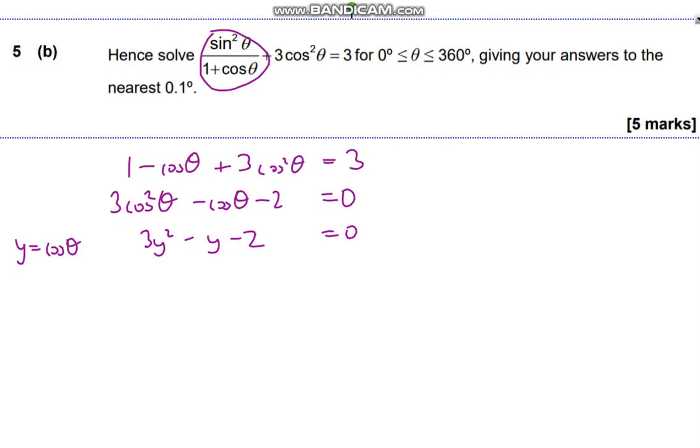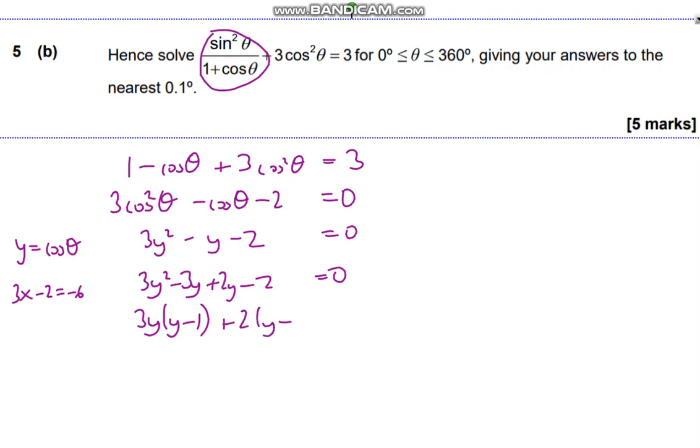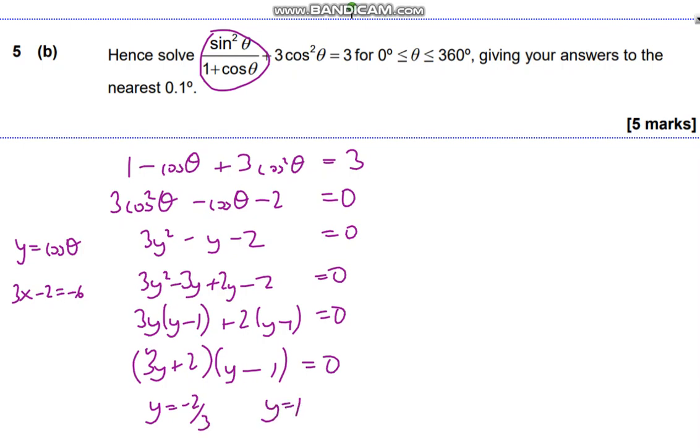If we factorise it, we know that 3 times minus 2 makes minus 6, and so we're going to turn this into 3y squared minus 3y plus 2y minus 2 is equal to 0, and so it's 3y(y minus 1) plus 2(y minus 1), so that's (3y plus 2)(y minus 1) is equal to 0, and so y is equal to minus 2/3, or y is equal to 1.